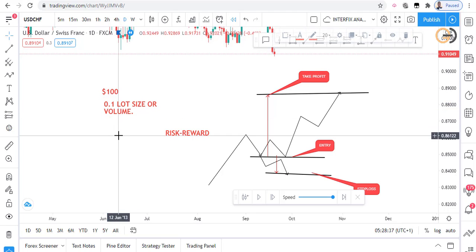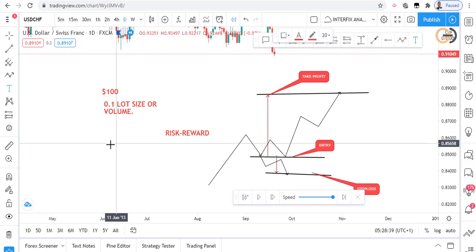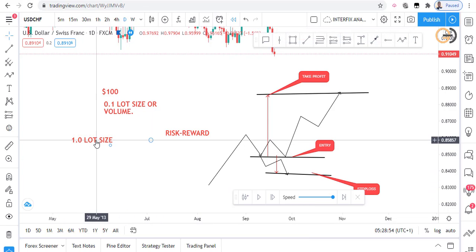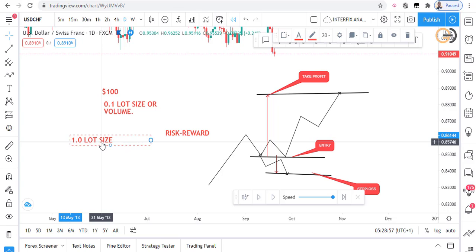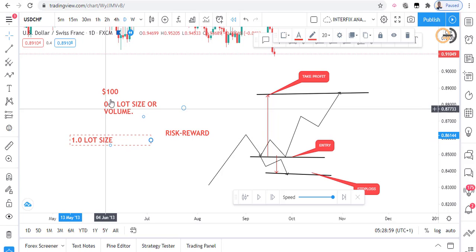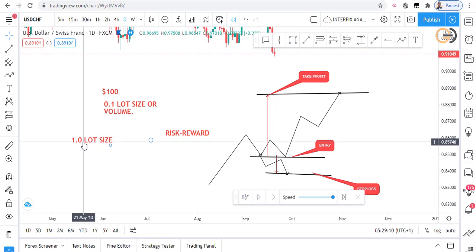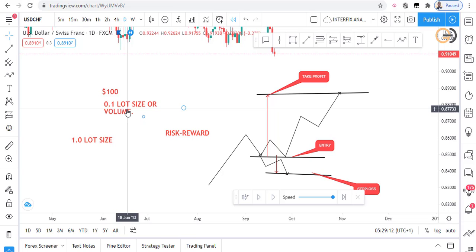But for example, if you use a lot size that is higher than your account size, maybe 1.0 lot size, you discover that when the market moves in profit for you, you make $1. When the market moves against you, you lose $1. Because your account size is small, you are not supposed to use a big lot size. You're supposed to use a minimal lot size.